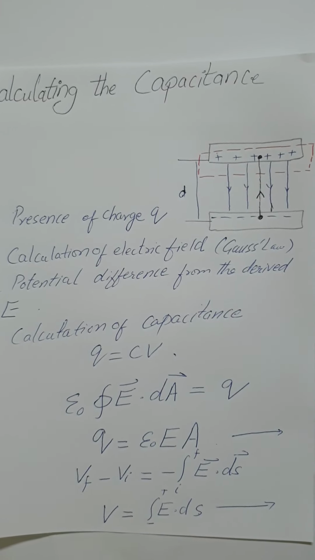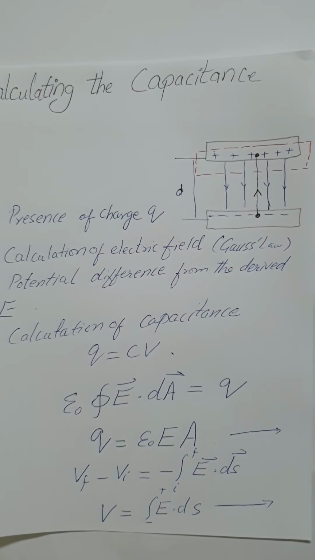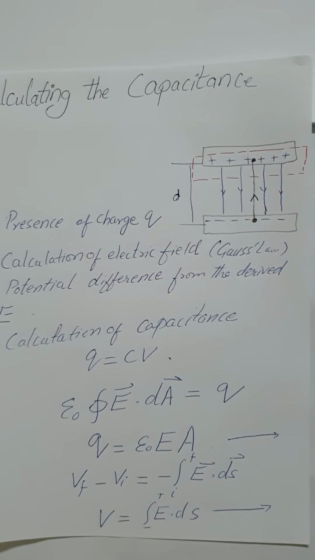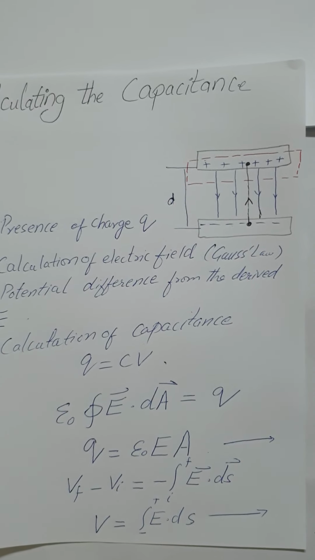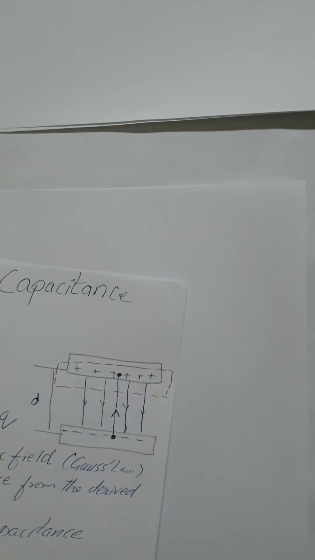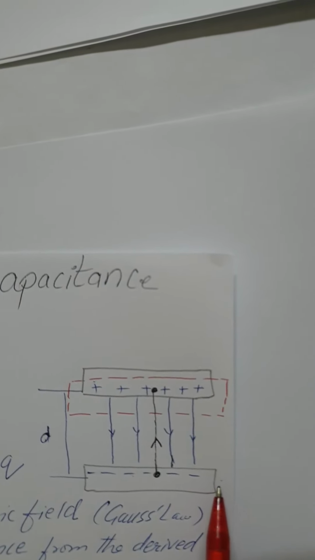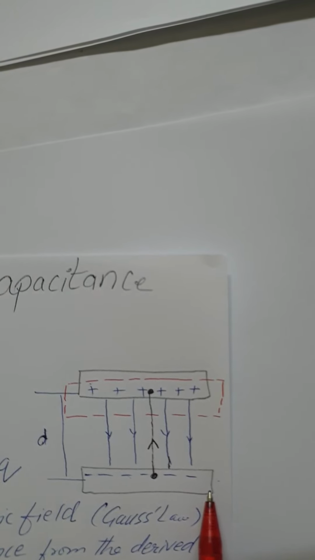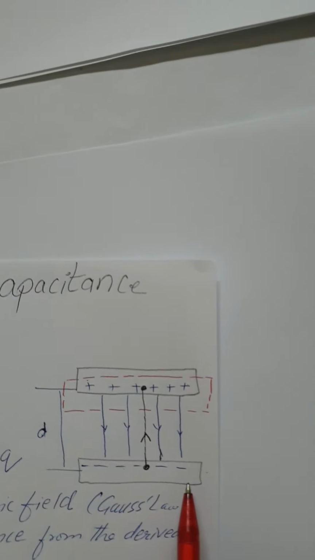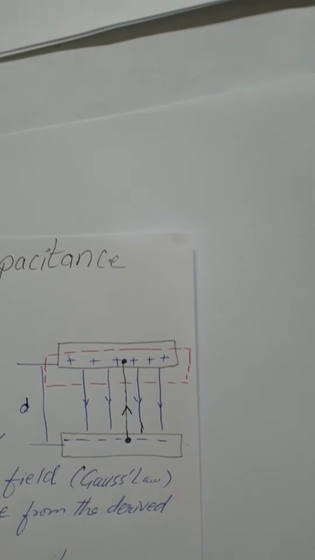Now let's consider the most popular case, which is a case of a parallel plate capacitor. Let's assume the plates of the capacitor are so large and so close together that we can neglect the fringing of the electric field, this fringing.